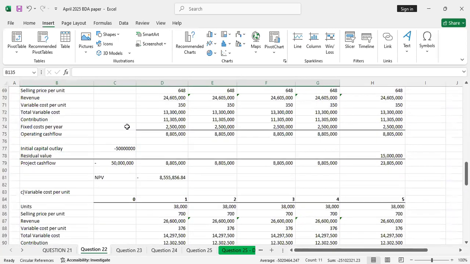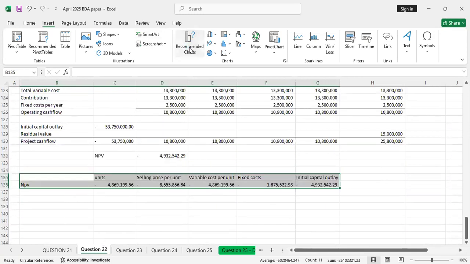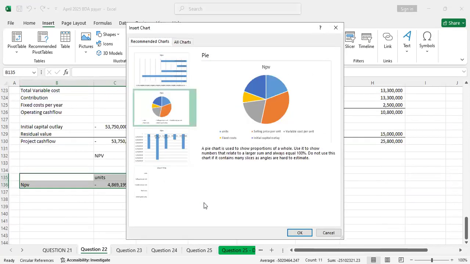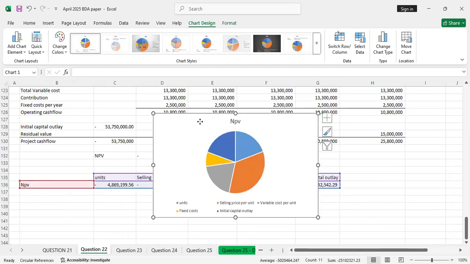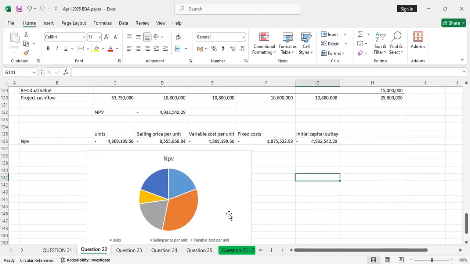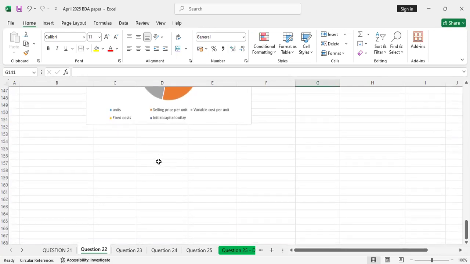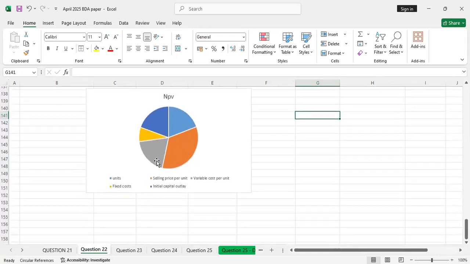So just go to recommended. I'll pick that pie chart and say okay, and it will come and put it here. So that's what they requested of you: units, selling price per unit, variable cost per unit. You have a pie chart representing all that information.